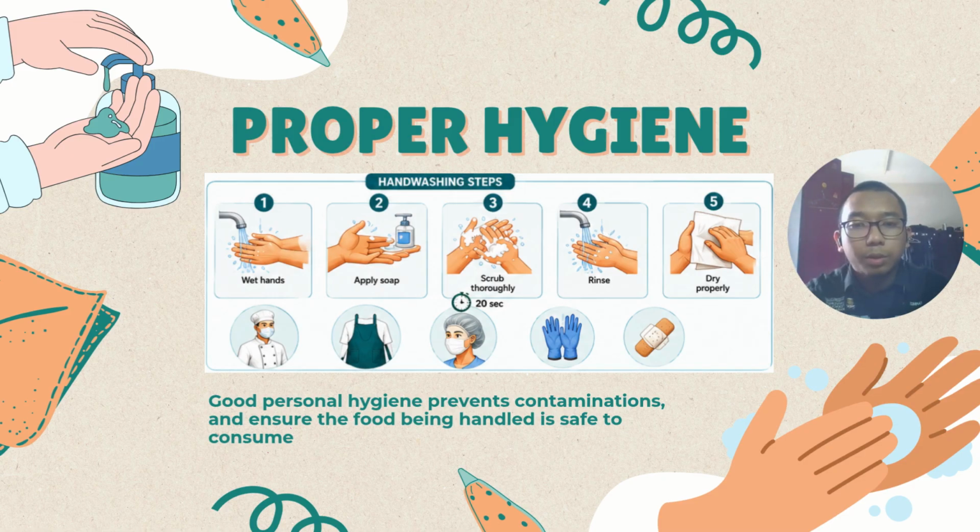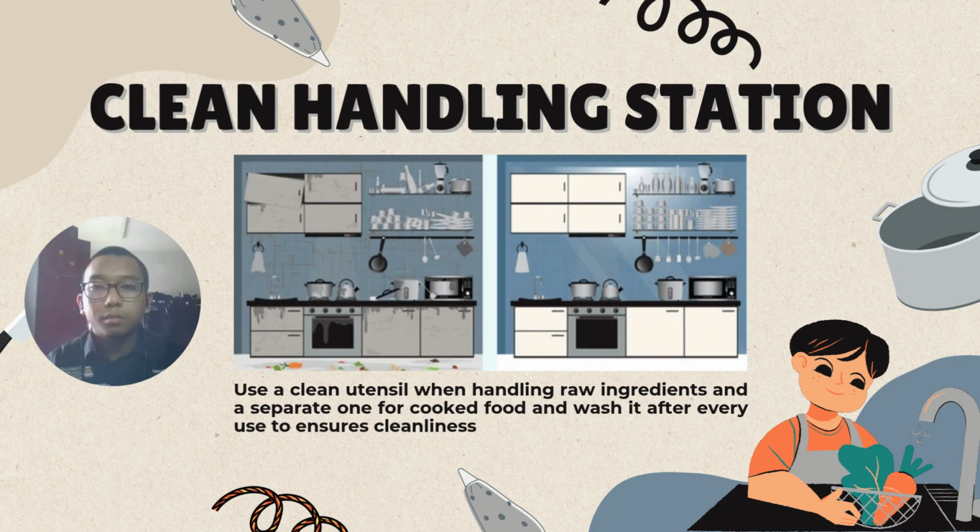Then after that, we rinse with water, and then we dry our hands with a paper towel. Good personal hygiene prevents contamination and ensures the food being handled is safe to consume later. Next, we move on to the clean handling station. A clean handling station ensures that the food being prepared is safe and clean.